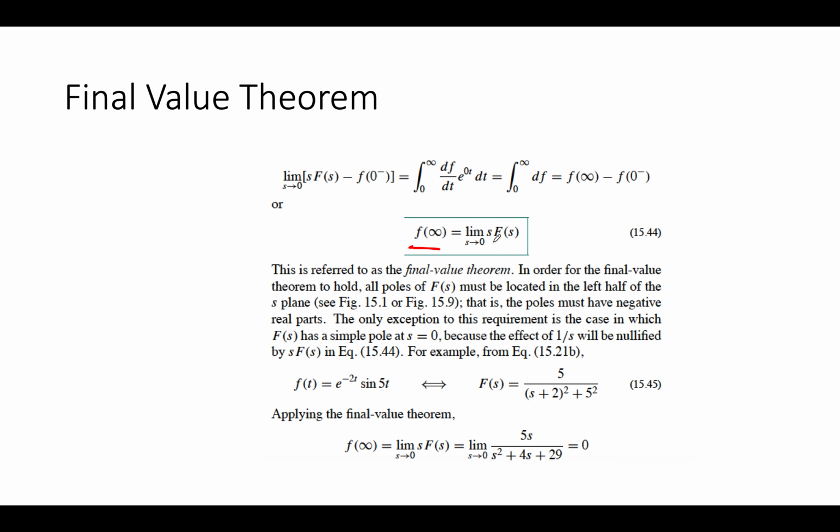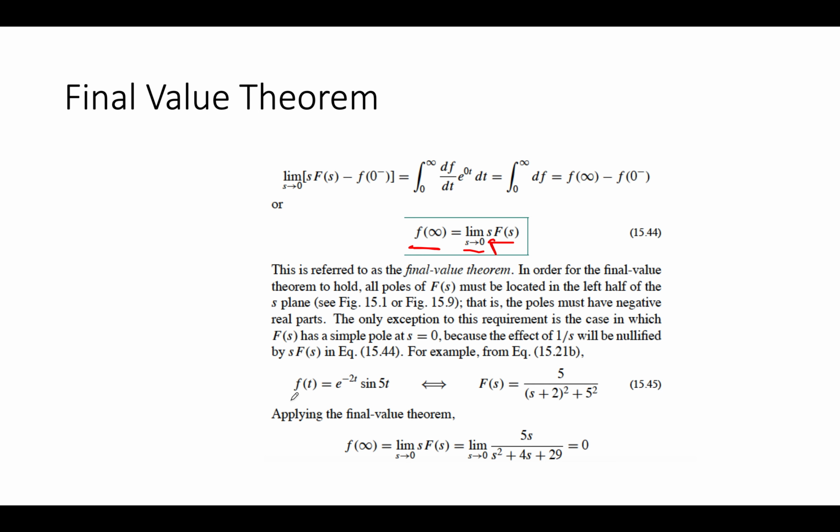In the s domain, you have this function f of s. What you can do is multiply that by s and then take the limit as s goes to 0. It's often easier to take limits as something approaches 0 than it is as it approaches infinity. The value that you get out of this limit will be the final value, or the value in the time domain of the function as t goes to infinity.